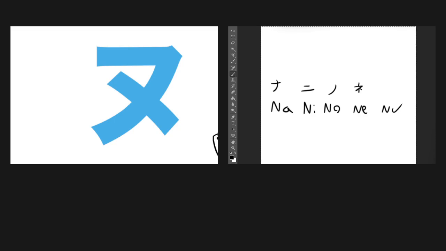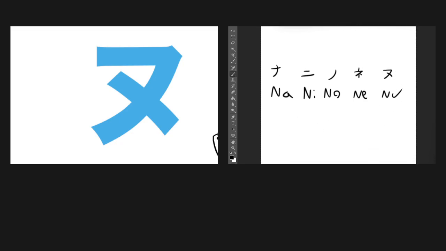And nu is... Which one is nu? Oh my god. Wait, should I challenge myself? Nah. That's right. This is nu. Okay. Nu. All right, so nu is obviously one I'm going to have to practice a little bit more because I did not remember.